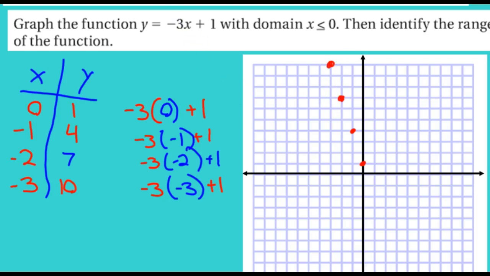Now remember, our line can't go past 0, so we're just going straight up with a ray that keeps on going. But it can't go past 0 because this is the restricted area.